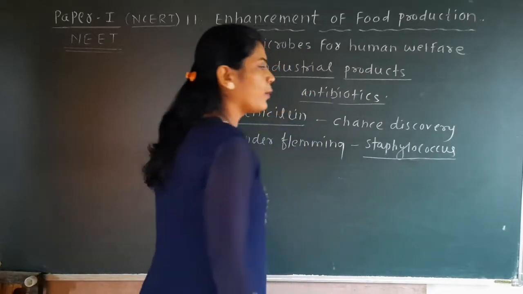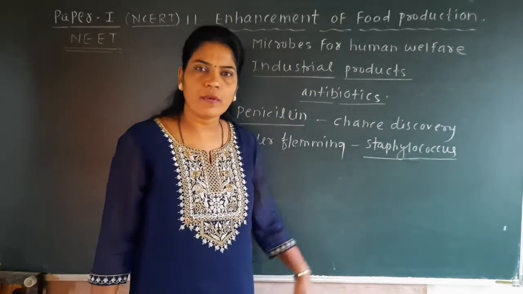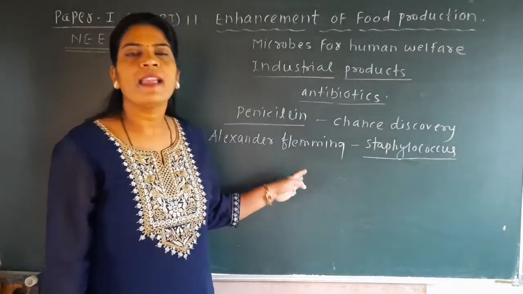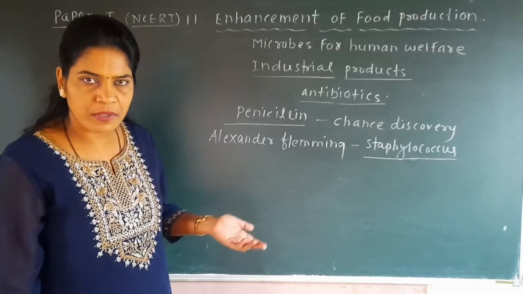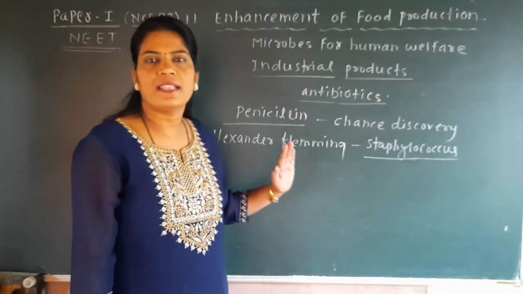So from the NEET point of view, you have to remember the name of the bacteria, Staphylococcus, the name of the scientist, Alexander Fleming, and the name of the antibiotic which was first discovered, that is penicillin. This point is given in NCERT.